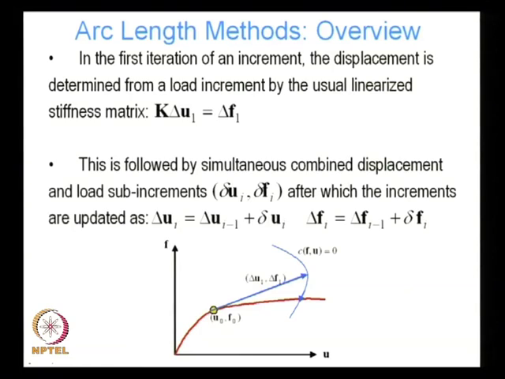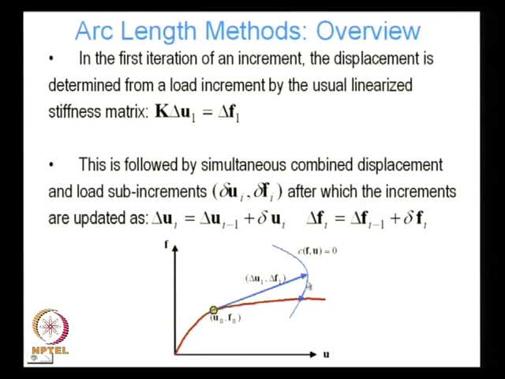The correctors I take to move from this point to my equilibrated solution must move along this curve. This is my constraint curve. So, I can only move from here to here by traveling along this arc. That is why they are known as arc length methods.